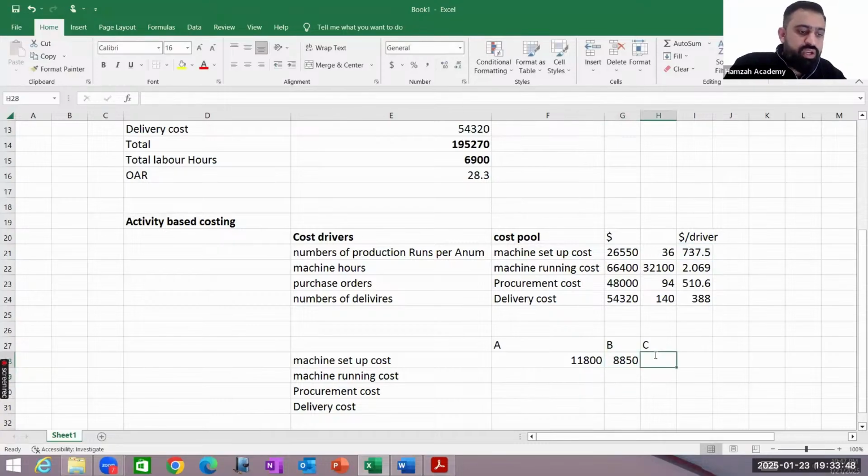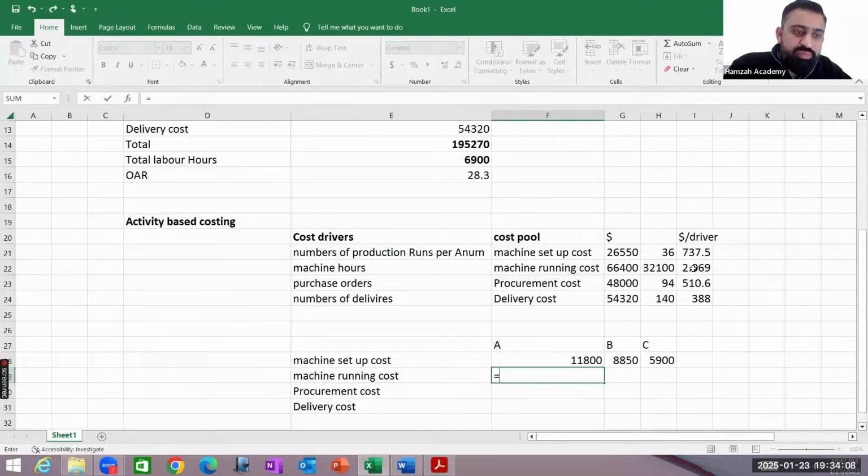And for C, we are using 8 setup production runs, 8 into 737.5. So this is the machine setup cost allocated to each product as per the activity usage.